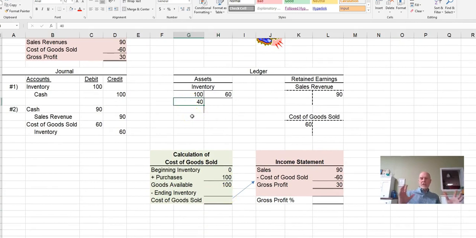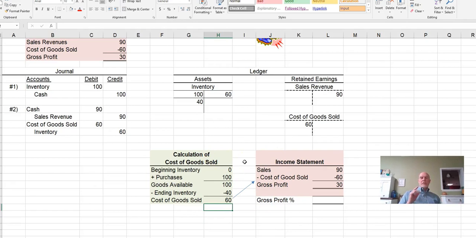So it's like we're double checking our accounting records too, that 40. But if you subtract that 40 ending inventory, that gives you the cost of goods sold, and that's what we subtracted from sales on the income statement. So in just a minute, we're going to be doing some practice problems where we just go through these 2 calculations.